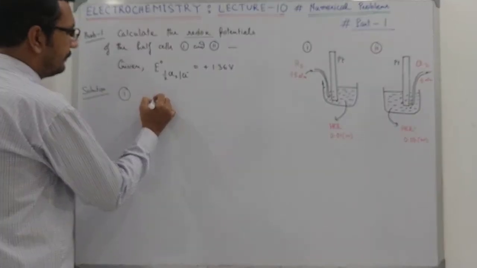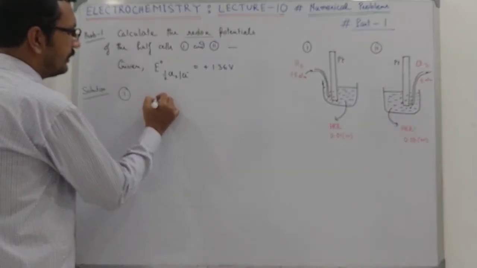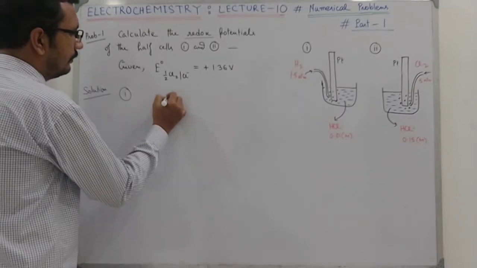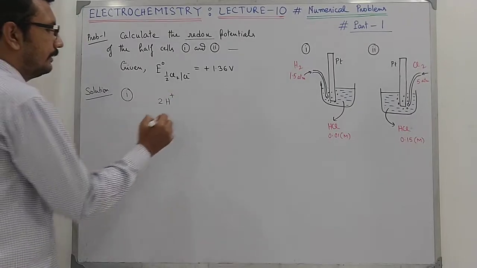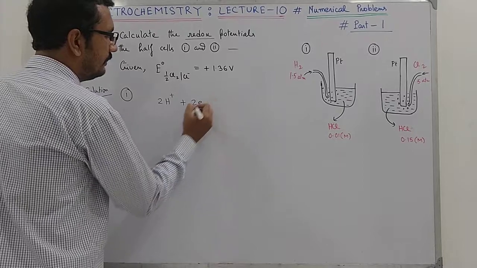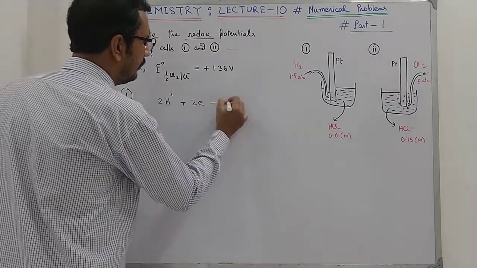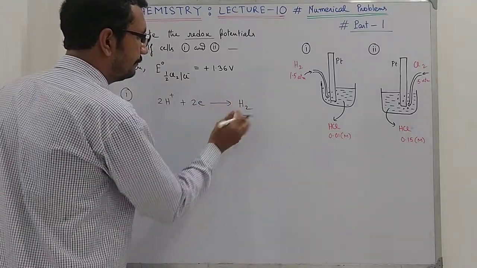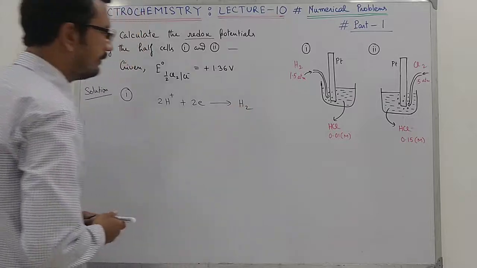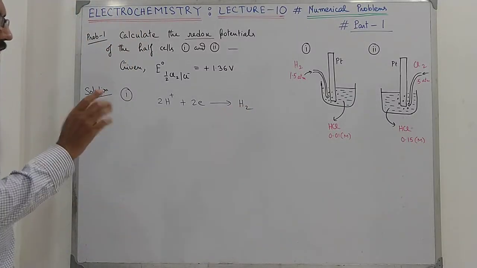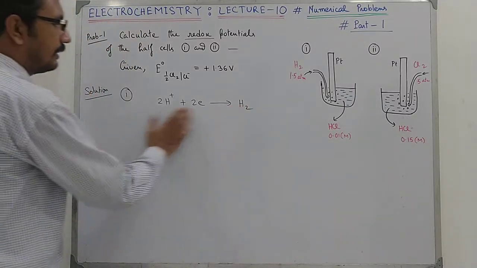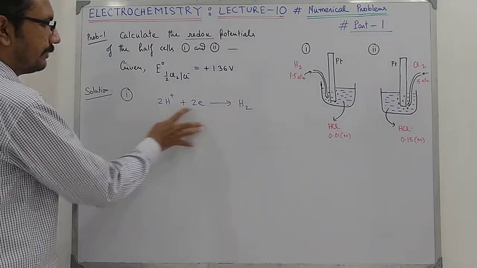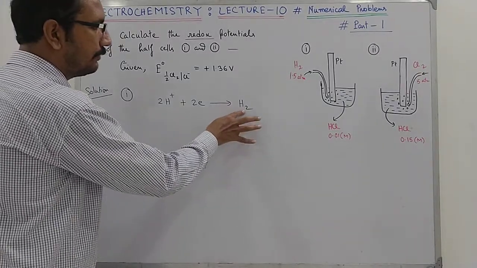So to have the reduction potential, first let us write the half cell reaction in the reduction form. So this is the half cell reaction in the reduction form. Here you have 2H plus + 2 electrons → H2.